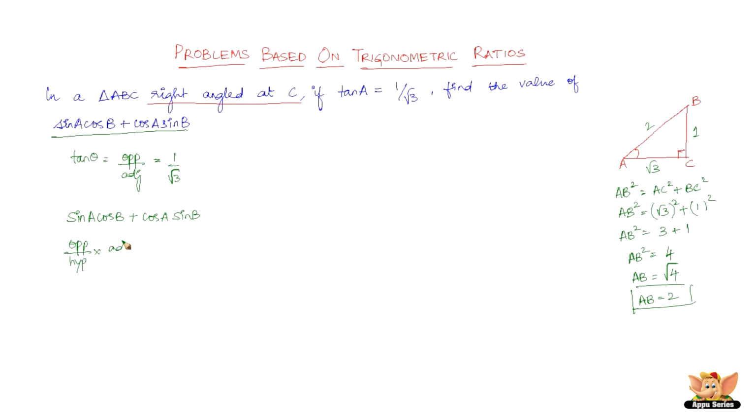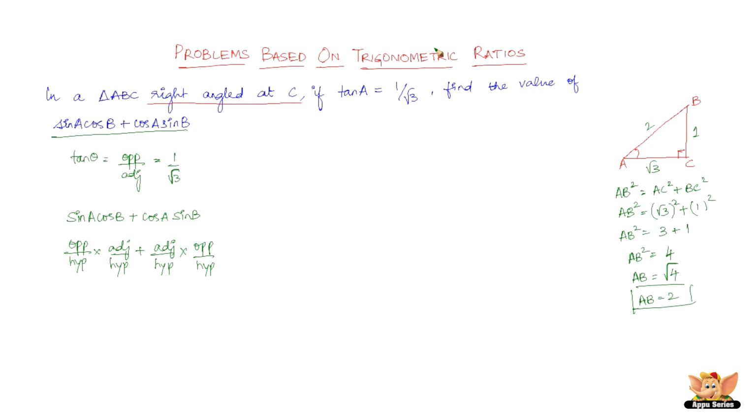Cos B is adjacent by hypotenuse. Plus cos A is again adjacent by hypotenuse, and sin B is opposite by hypotenuse. But the most important thing is not writing this. For sin A we need the opposite and hypotenuse, and the opposite varies for A and for B.